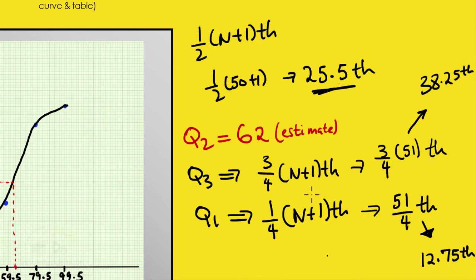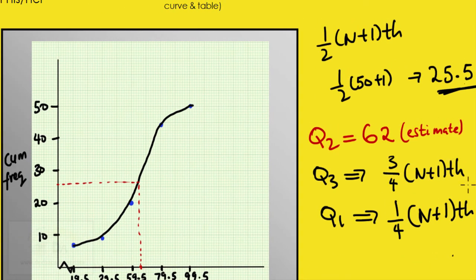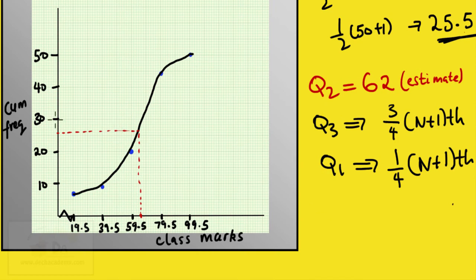So Q3 from our cumulative frequency curve is a score, I'll use a different color, that lies in the position 38.25, which is what we need to find on the cumulative frequency curve, which will be somewhere here. You need to locate that accurately, and read off the corresponding mark, which is going to be somewhere here closer to 79.5.